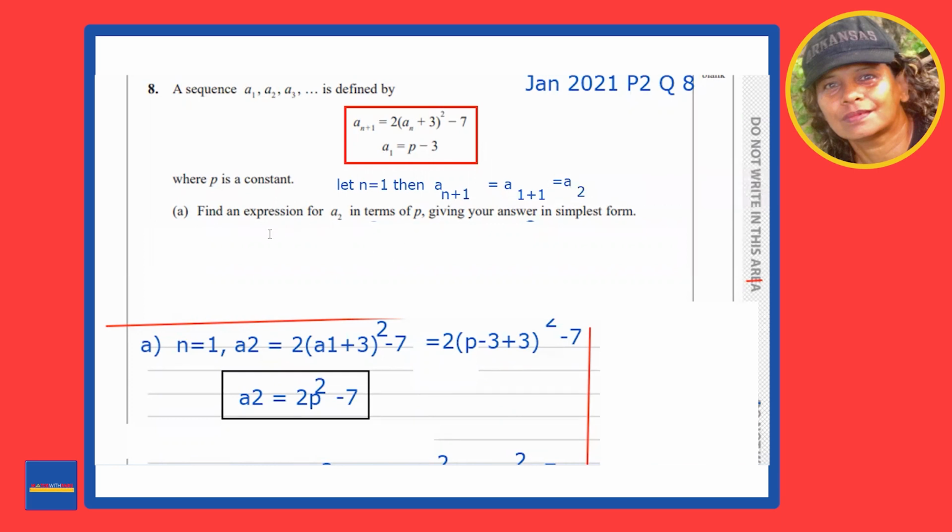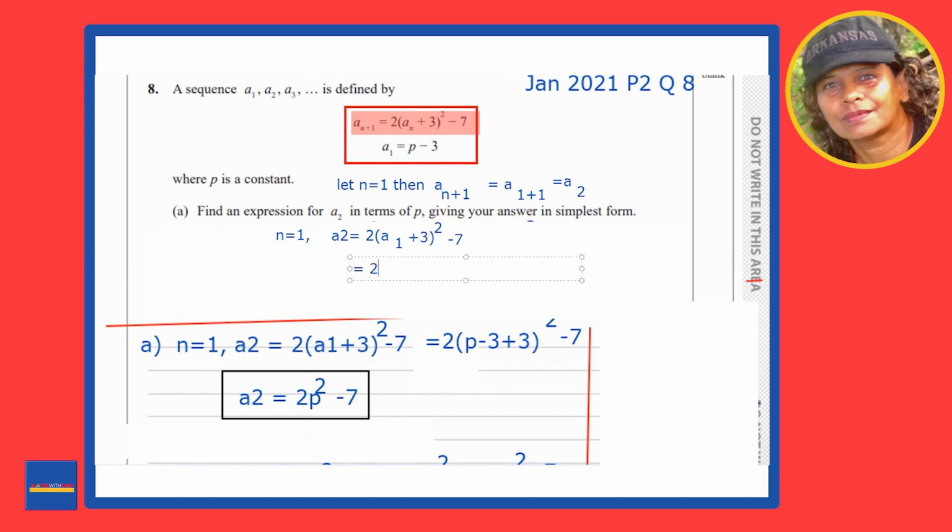So when n is equal to 1, if I substitute in the expression that we have, A2 is equal to 2 into (A1 plus 3) squared minus 7.